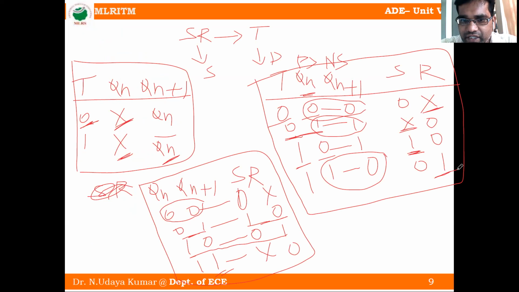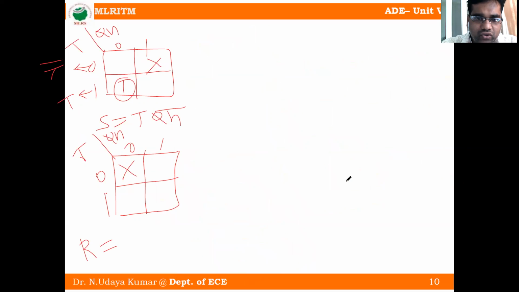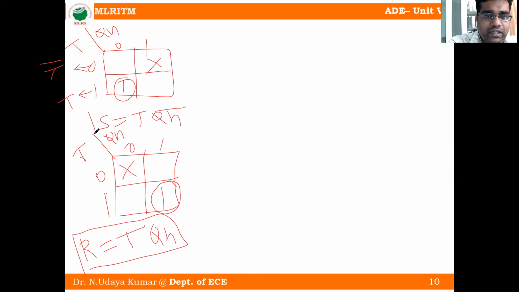If T is equal to 1 and Qn is equal to 1, we get 1. That means we map this as T Qn. So this is the expression for R, and this is the expression for S.